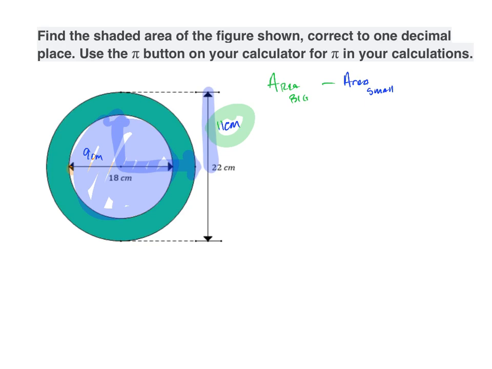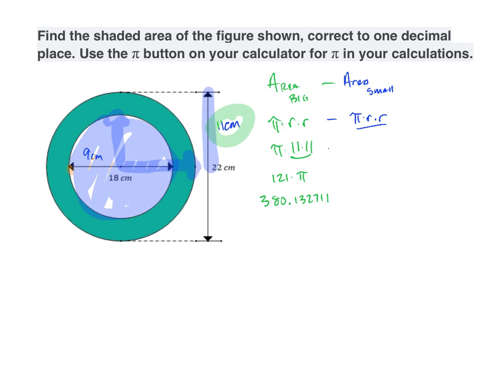So we're going to have pi times r, which is going to be pi times 11 times 11, which is 121 times pi, which comes out to 380.132711. Okay, then we're going to subtract from that the other pi r squared, because that's how we figure out the area of the circle.